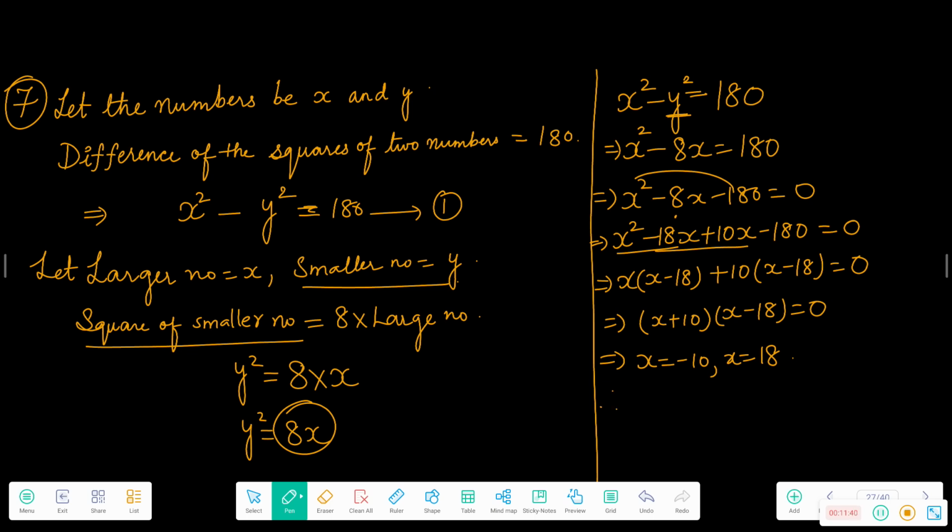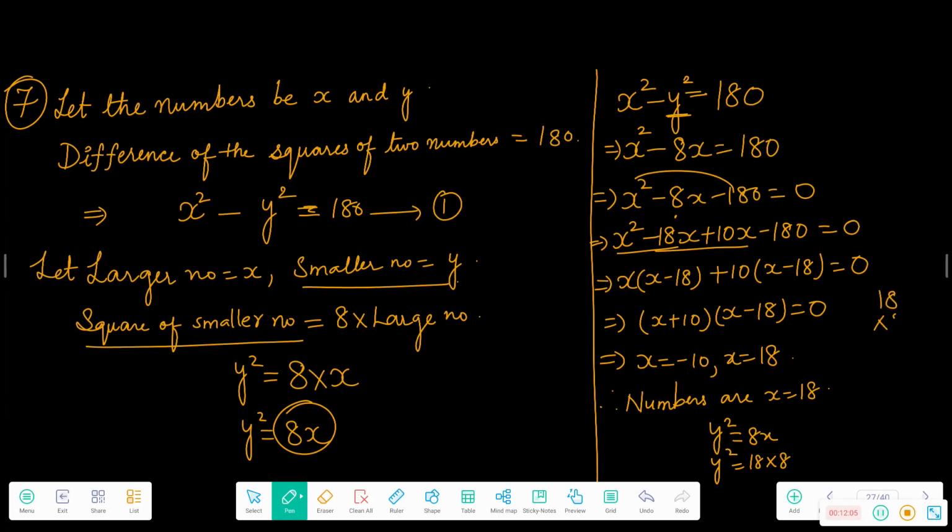Therefore the numbers are x is equal to 18 and y square is equal to 8x, which implies y square is equal to 18 into 8.